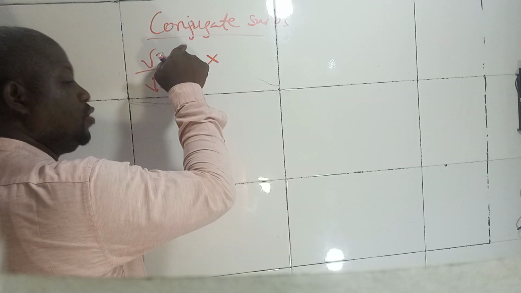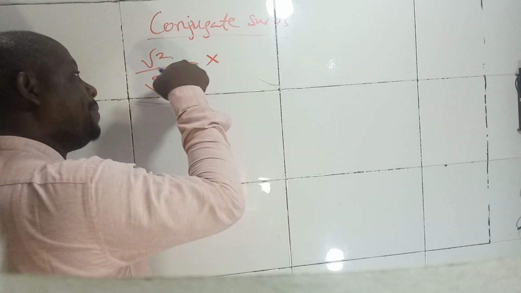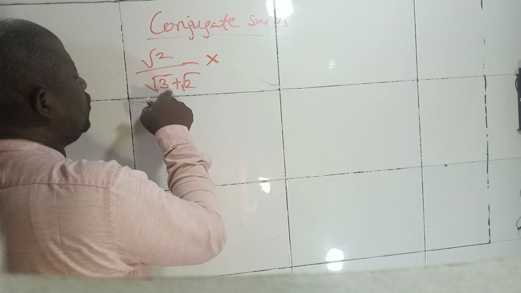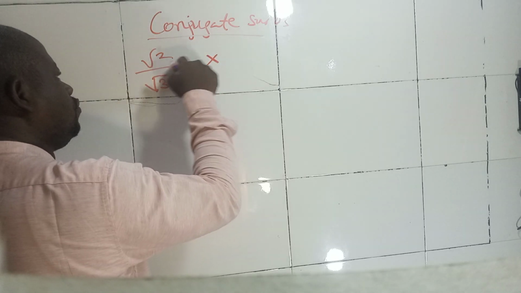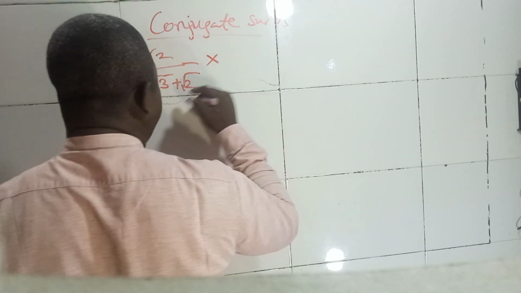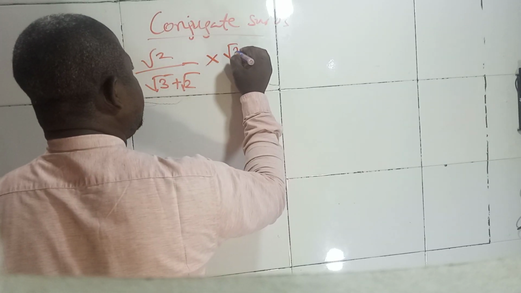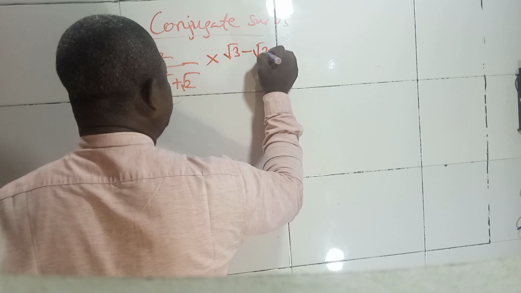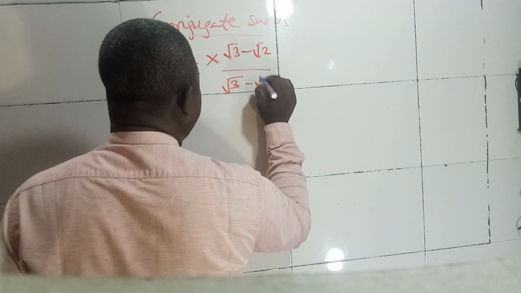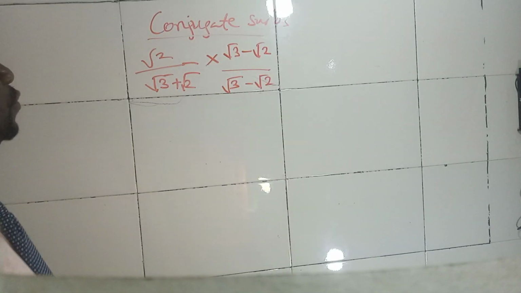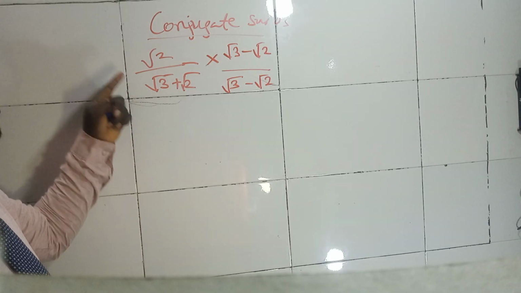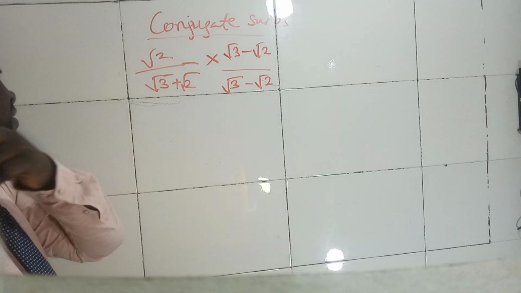You are going to multiply both the numerator and the denominator by the denominator with the reverse sign. So we have root 3 minus root 2 all over root 3 minus root 2. I hope that is clear. That is just the difference between division of surds and conjugate surds.